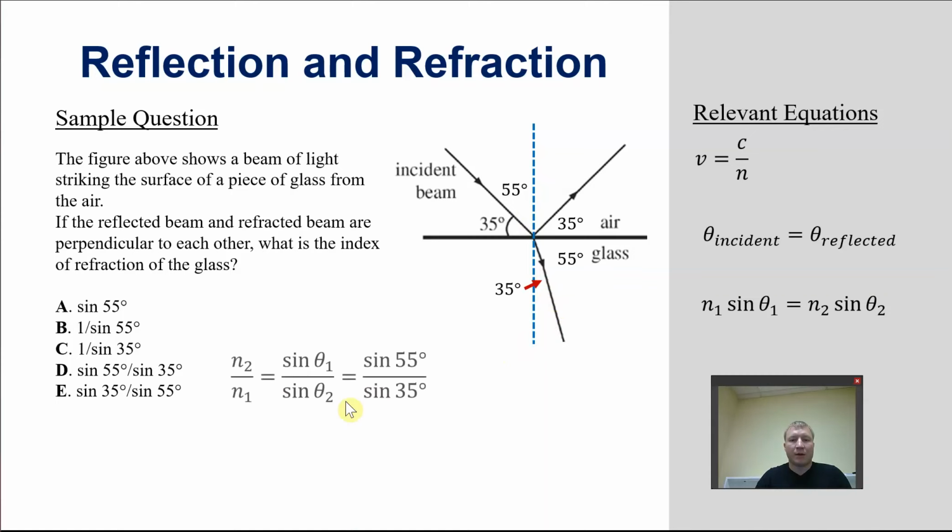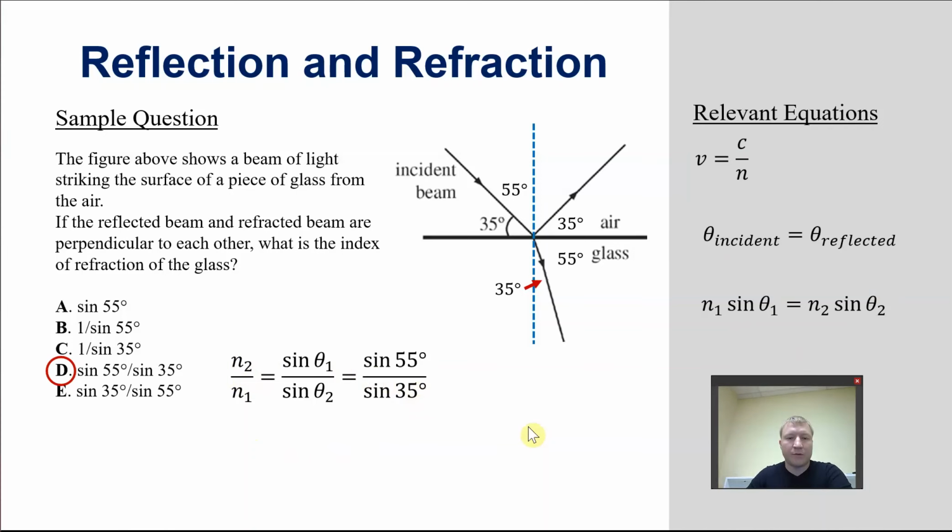Now, applying Snell's law, you should get this relationship, and because we're talking about glass and air, the index of refraction for air is 1, so n2 is just equal to sine 55 over sine 35, which is option D here, and we're done. You just have to know Snell's law.